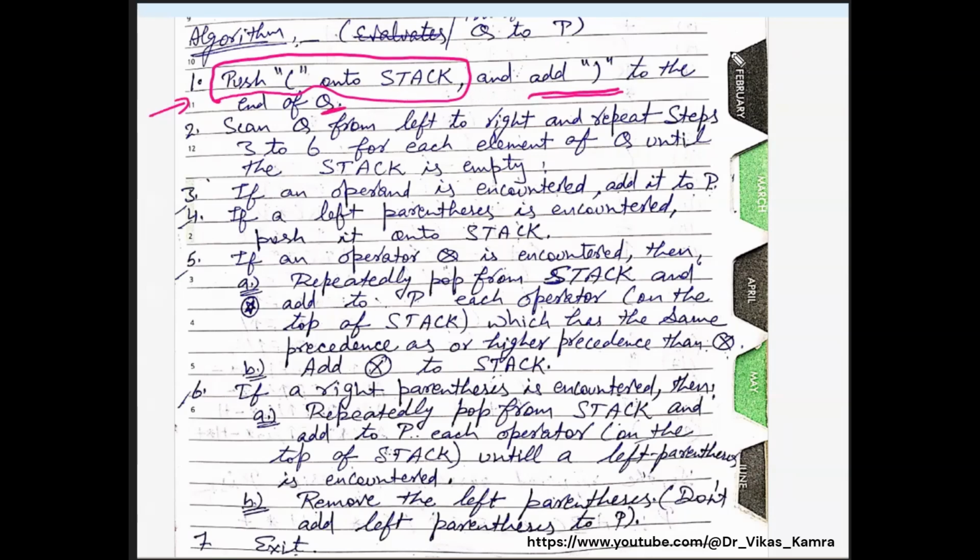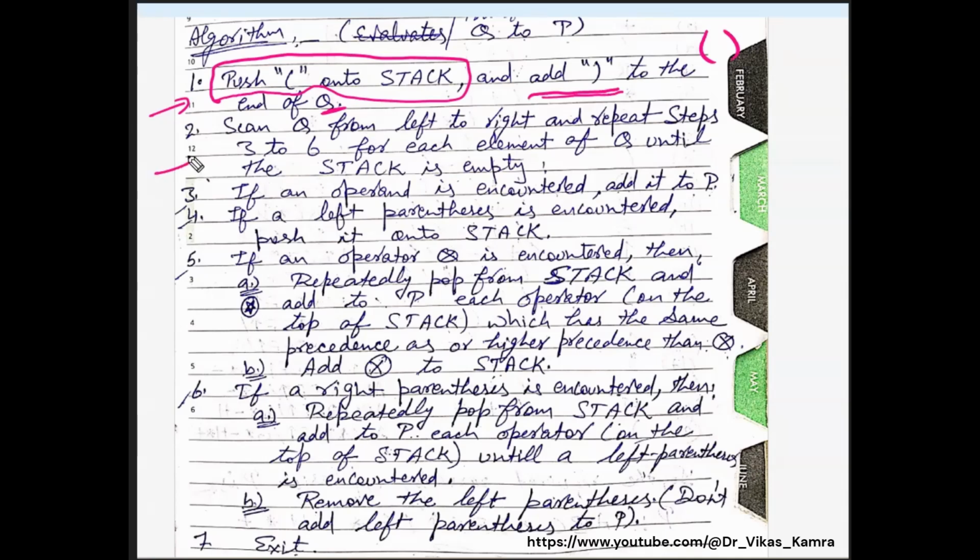These two brackets, the left bracket and right bracket, are the flags or sentinel characters which are used to represent the end. Left bracket represents the end of the stack and right bracket represents the end of the given infix expression.